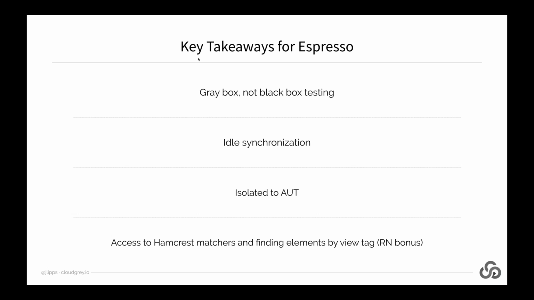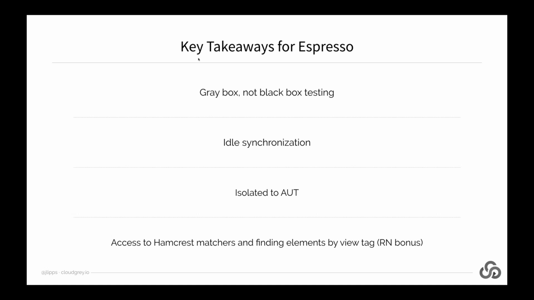With Espresso, we also have access to some advanced ways of getting a hold of elements. We can even find elements that haven't shown up on the screen yet if they're part of a data set that is bound to, for example, a data grid or a list view of some kind.